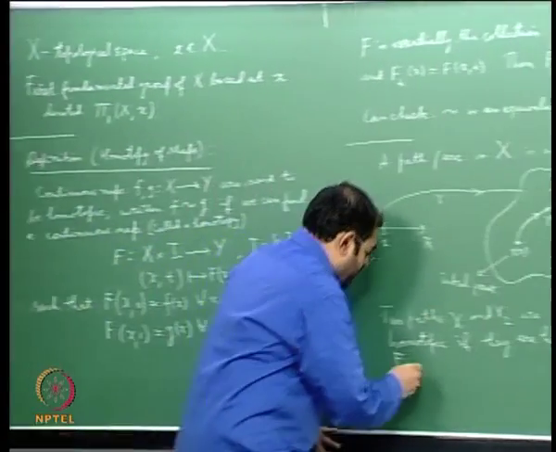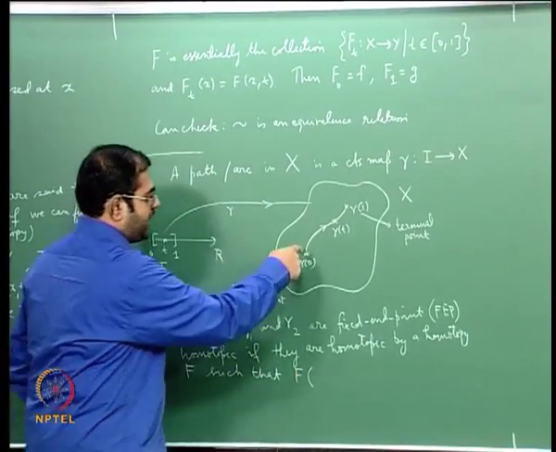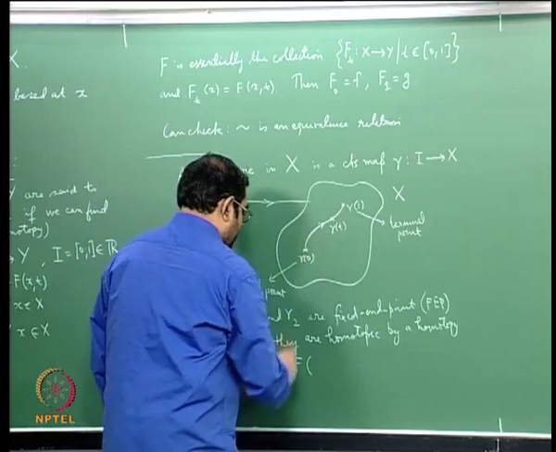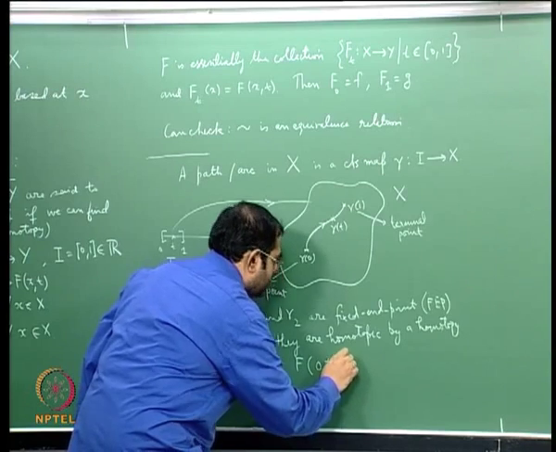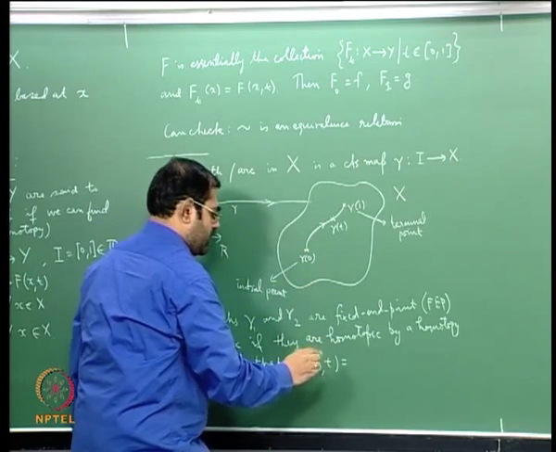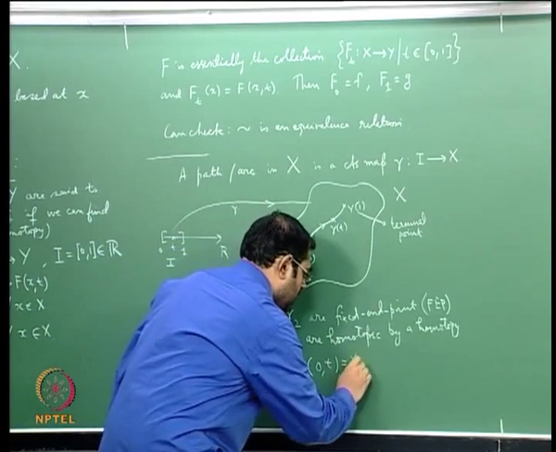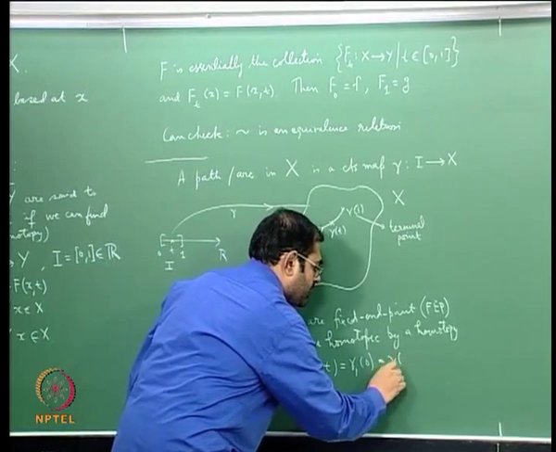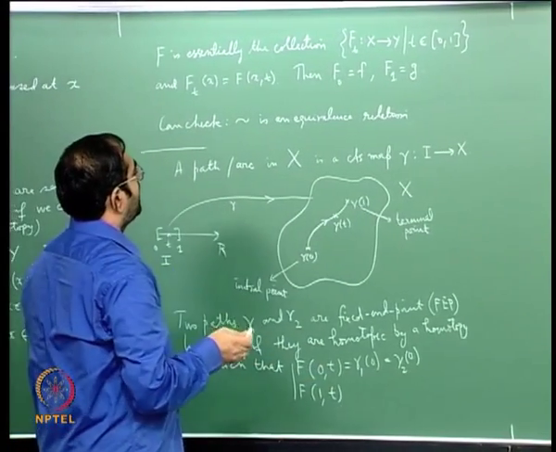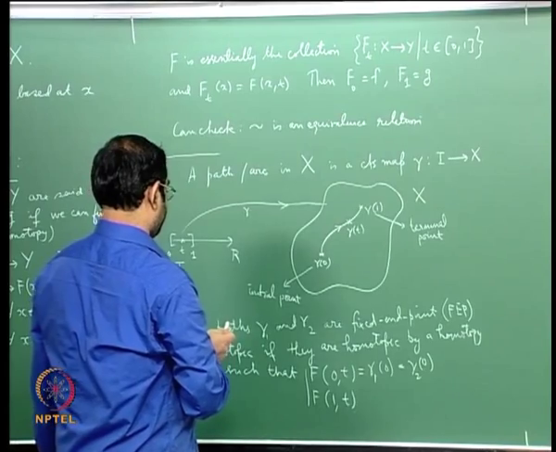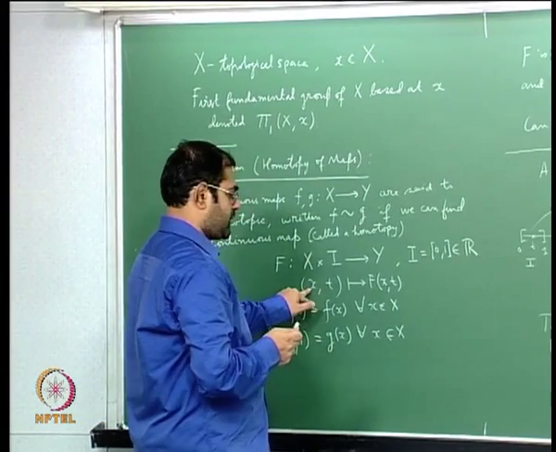So if they are homotopic by homotopy F, the endpoints have to be fixed, so it means that F of 0 comma t is always the same point, which is the initial point of both of the paths, gamma 1 of 0 and also gamma 2 of 0, and F of 1 comma t. So I should be careful about the way I write it.